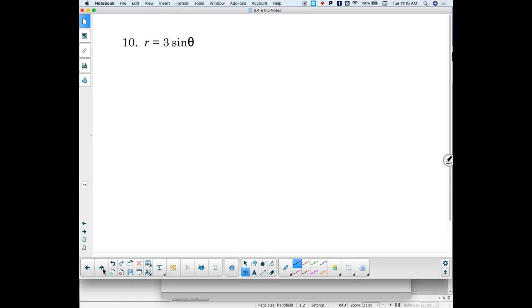So let's introduce an r onto the right side. If I multiply that by r, is that legal? What do I also have to do to make it legal? Multiply the other side by r also. That gives me r squared equals 3r sine of theta.